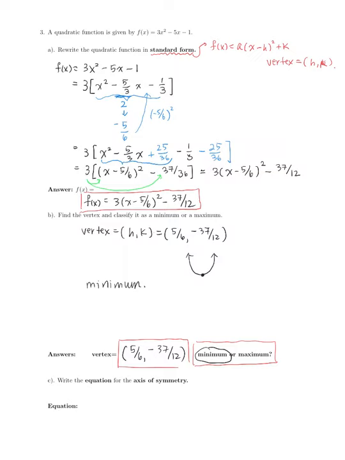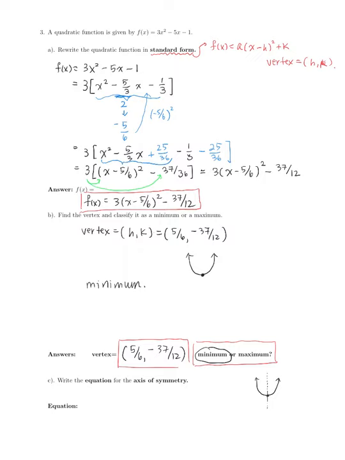Write the equation for the axis of symmetry. Now, for the axis of symmetry, jot down the vertex, and it's going to go directly through that vertex. Notice that at this vertex, it's always going to be x equaling the x value of your vertex.